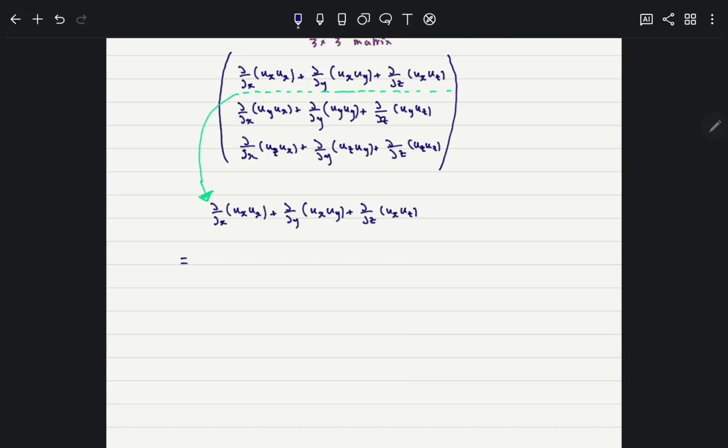So that's going to be written as ux dux over dx plus dux over dx ux.